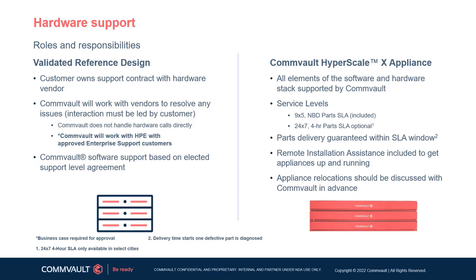This service is currently included for all purchases of Commvault Hyperscale X appliances, including expansions. Finally, appliance relocations to a different region or country from where it was delivered should be discussed with Commvault in advance. This will ensure the hardware support agreement is valid and maintained.